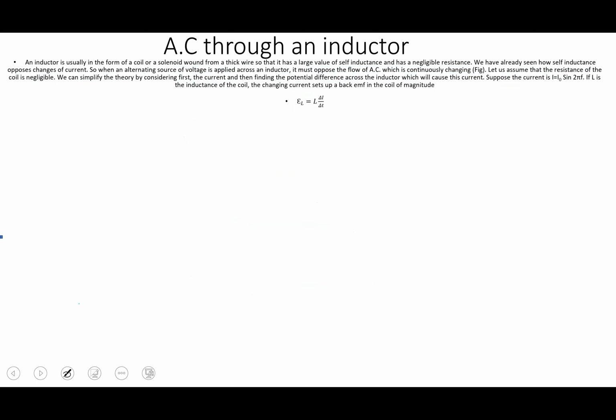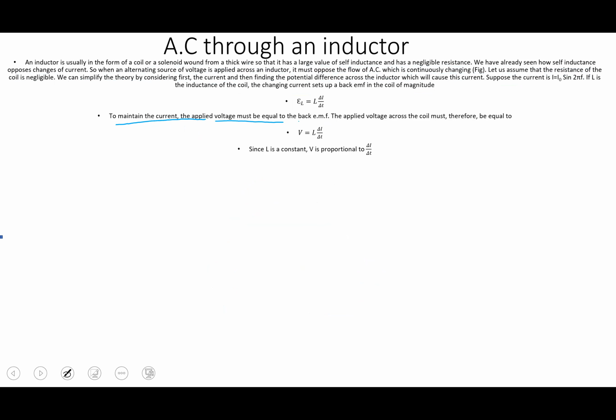Keeping that in our mind, what do we do? To maintain the current, the applied voltage must be equal to the back EMF. That means more voltage should be applied so that it changes according to our needs. It does not apply any resistance to our given voltage, otherwise it won't work.